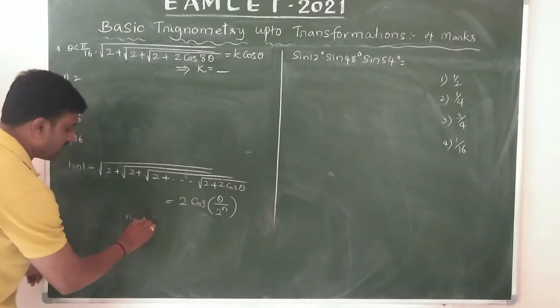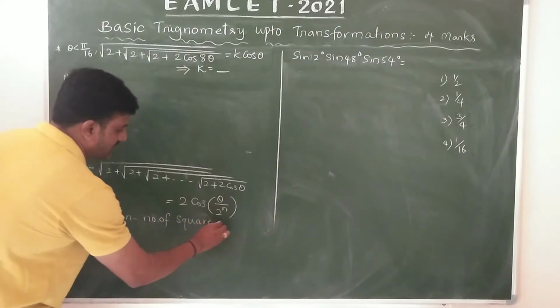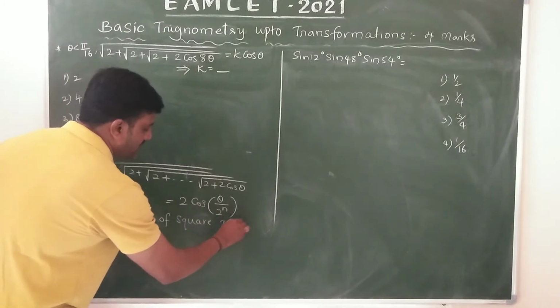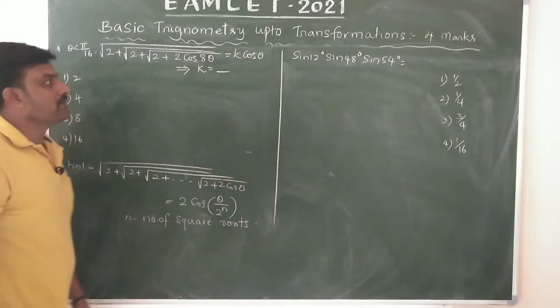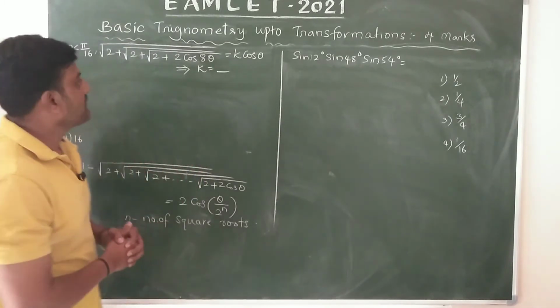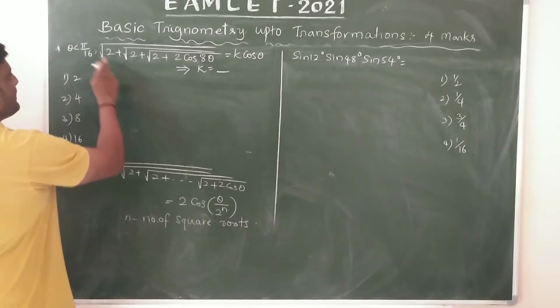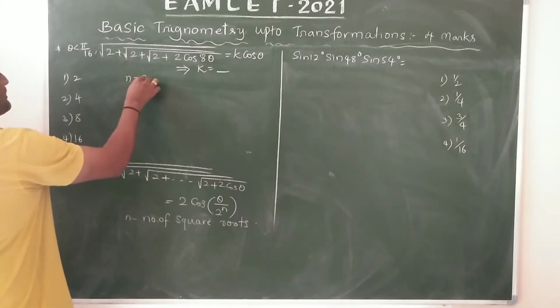Now here n is the number of square roots. Once again I am telling, method is important. You should follow the methods, not only problems. Then apply here: 1, 2, 3. n equals to 3 square roots are here.